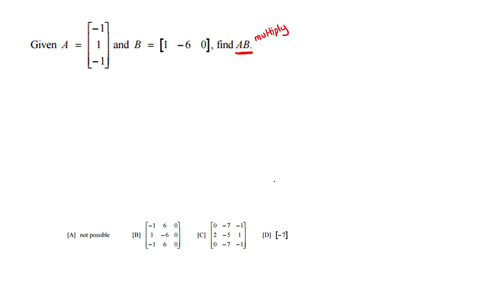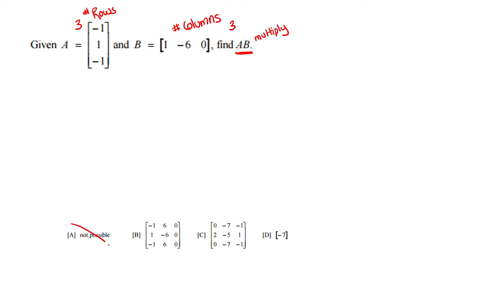In order to multiply, like I said, you have to count the number of rows and make sure that matches up with the number of columns. So the number of rows we have here is 3. The number of columns we have here is 3. So that means we can do this.